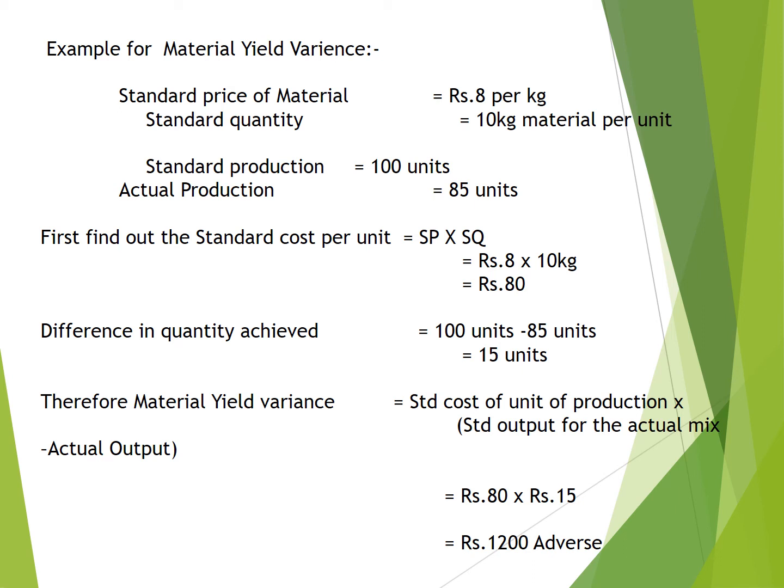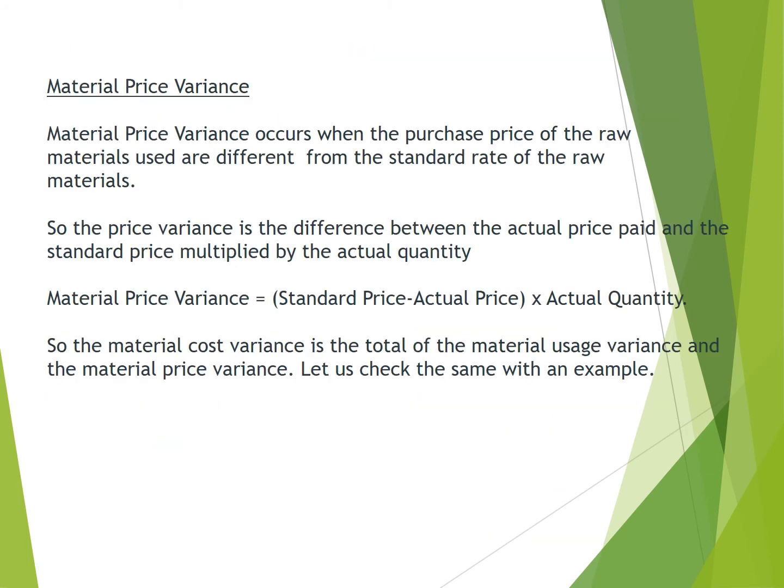Standard price is 8 rupees, standard quantity is 10 kg, so 80 rupees per unit. Actually, we have to get 100 units, but we got only 85 units. So the difference in the quantity received is 15 units. So the material yield variance is 80 rupees, the standard cost per unit, and the shortage is 15 units. So 80 into 15, 1200 rupees.